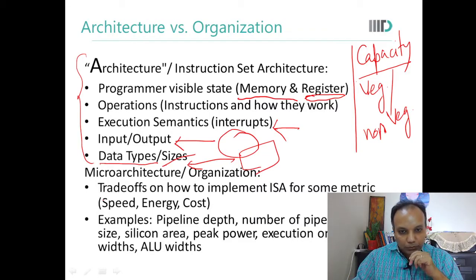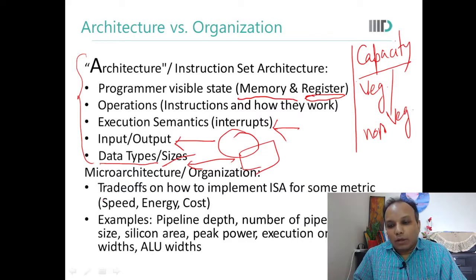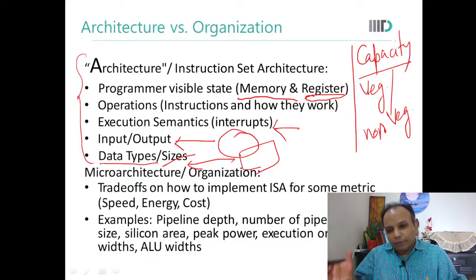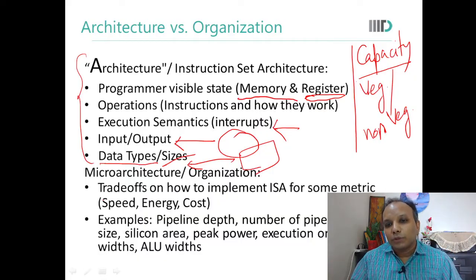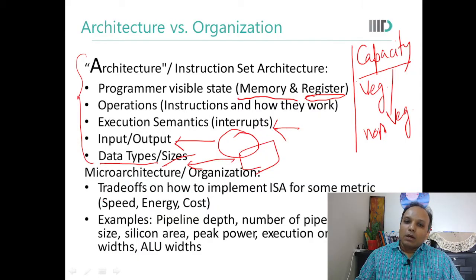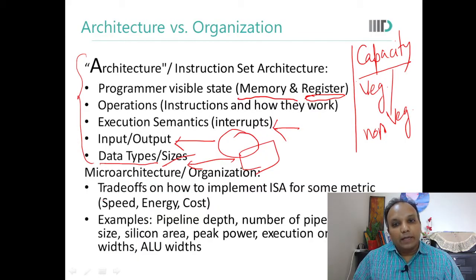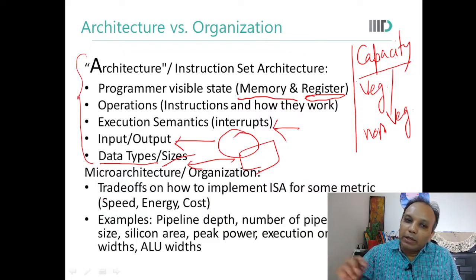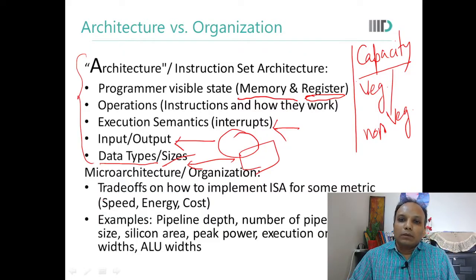Let us say I want to set up a mess and I have a limited budget and a very small room. I can still say that I want to serve both veg and non-veg, I want a fire alarm, and I want people walking in and having food.